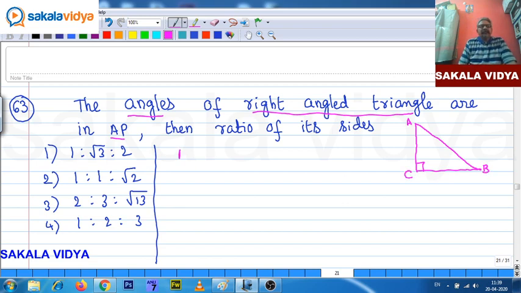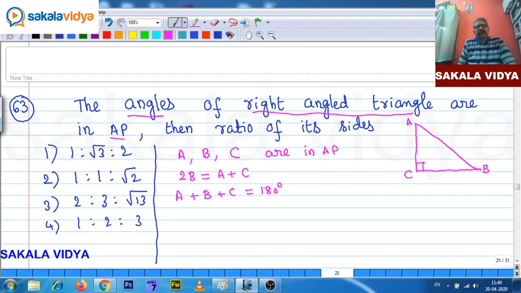Because A, B, C are in AP, that means 2B is equal to A plus C. We know that in any triangle A plus B plus C is equal to 180 degrees. We know A plus C is equal to 2B. 2B plus B is 3B. 3B is equal to 180 degrees. So angle B becomes 60 degrees.